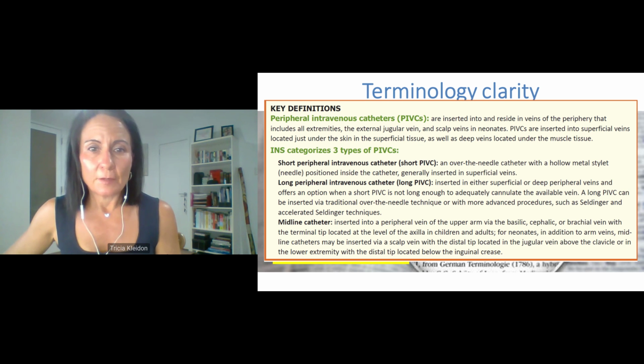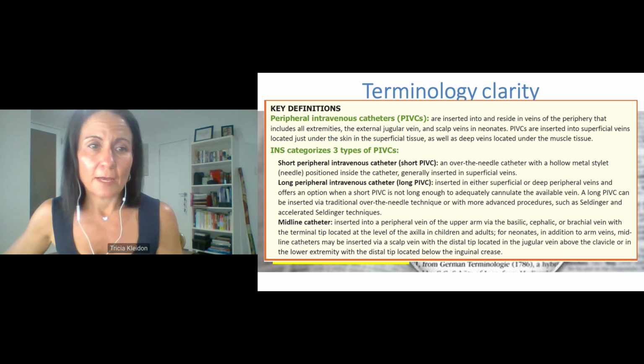So if you have a look at these terms that were ultimately used, this was how we defined the different types of peripheral intravenous catheters to try and standardise them. So a short peripheral intravenous catheter is essentially an over-the-needle catheter with a hollow metal stylet positioned inside the catheter, and it's generally inserted into small superficial veins.